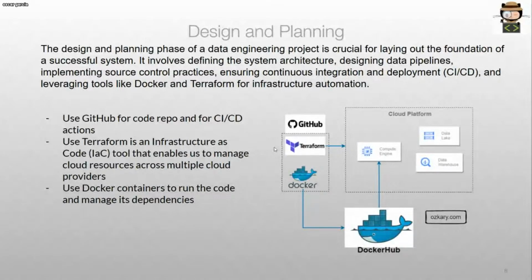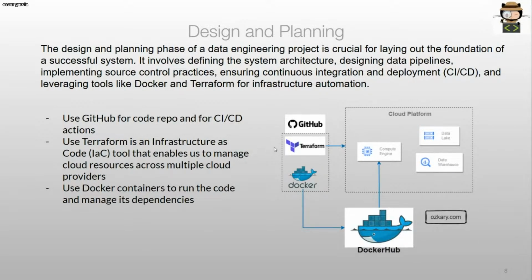So what do we mean by design and planning? Once we understand the requirements, once we scope the work and start thinking about how we're going to build out this data platform solution, we need to start doing design and planning for that. And what that really means is, what tools are we building? What technologies are we using and what solution are we building, right?